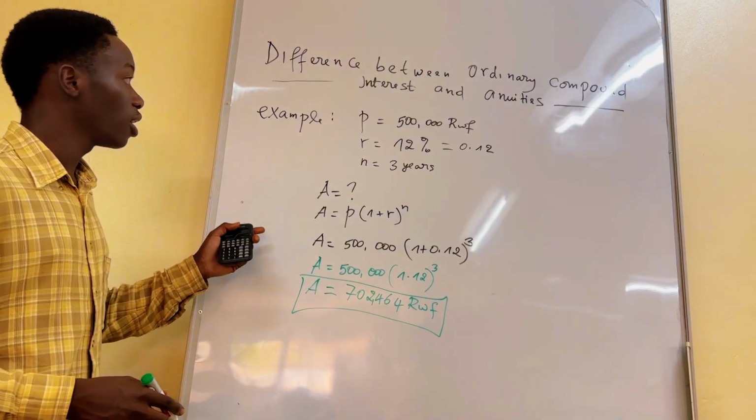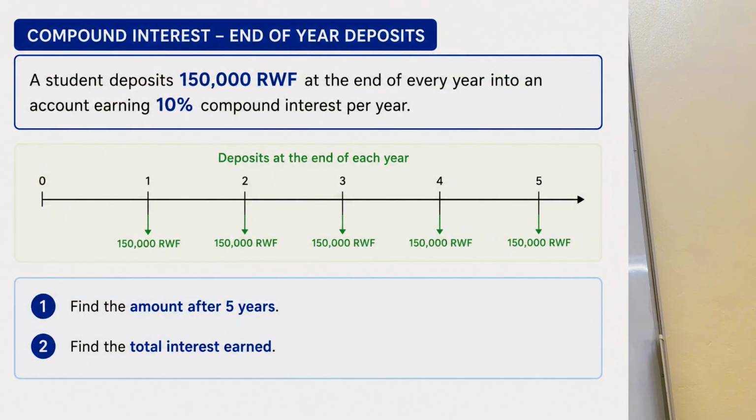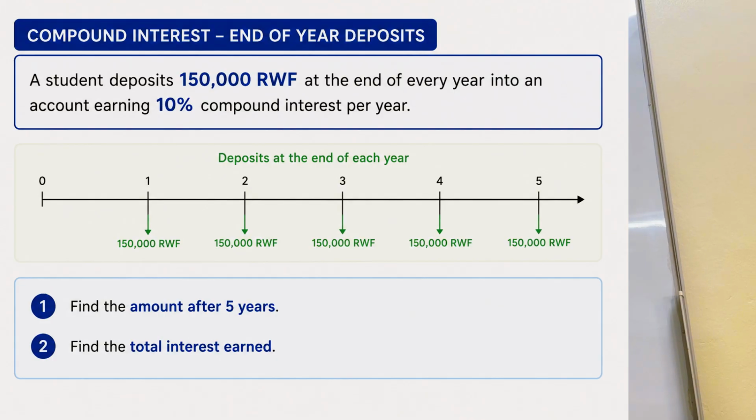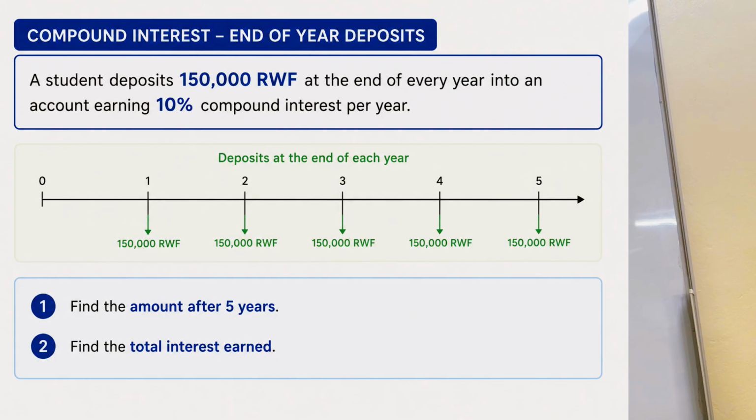Then we take another example. The second example is on annuities. Here a student deposits 150,000 Rwandan francs at the end of every year into an account that earns 10% compound interest per year.